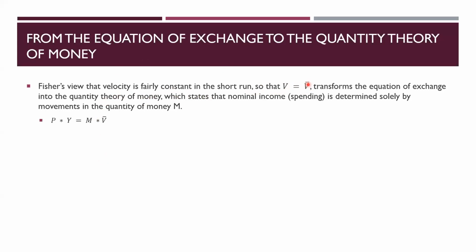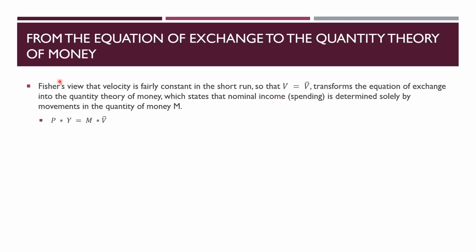In most cases in economics, if you see that we put a bar, it means that that variable is assumed to be constant in general. So in this case, we are assuming that according to Fisher, velocity is fairly constant in the short run, such that V is equal to V bar.